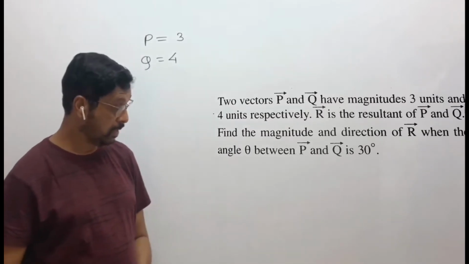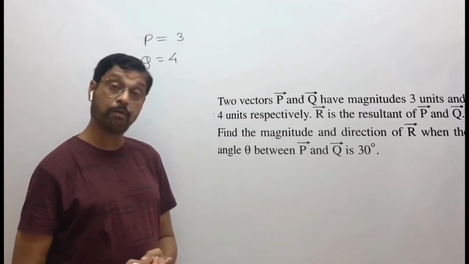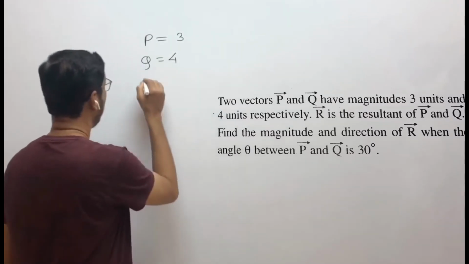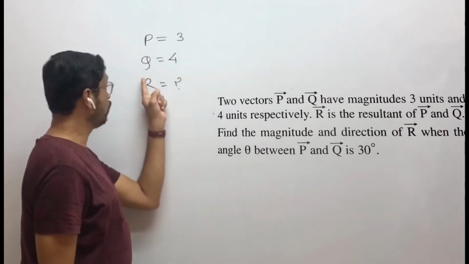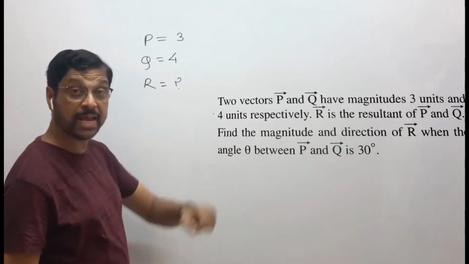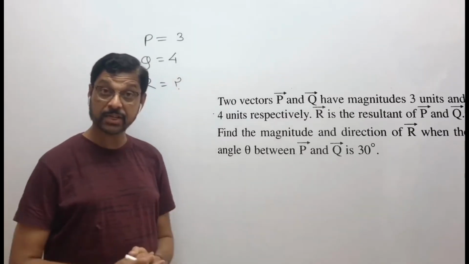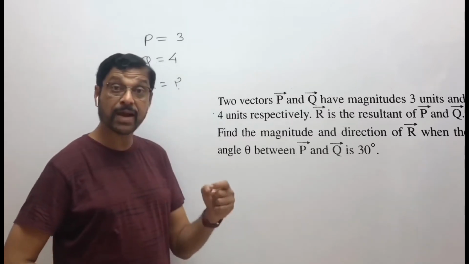Okay. Find the magnitude and direction of R. R का magnitude find करना है. No arrow here, means magnitude of R. And its direction. Its direction means what? Alpha. If you remember the theory, alpha kya tha?